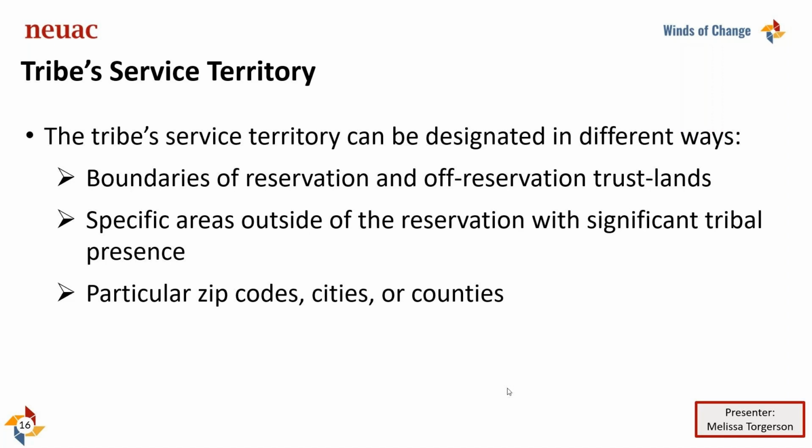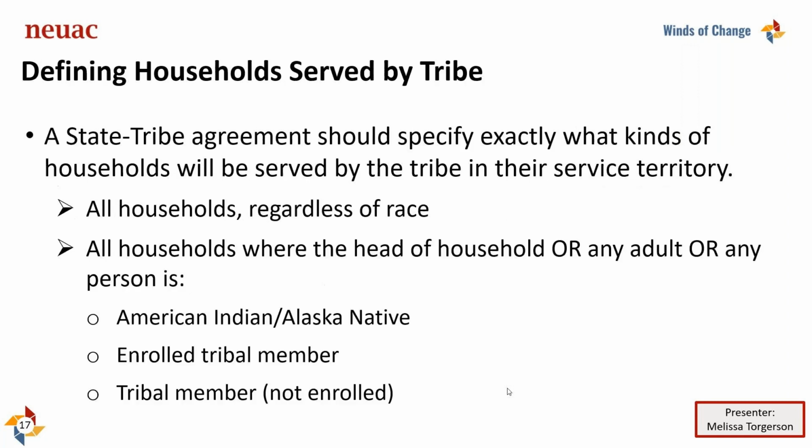You can identify those places outside that may have a significant tribal presence, including zip codes and cities or counties, but most importantly, you define who serves them. So if a person is X miles away from the base, or it's geographically inaccessible to get back to the tribe, can the state serve them? And that's what this tribal agreement would negotiate.